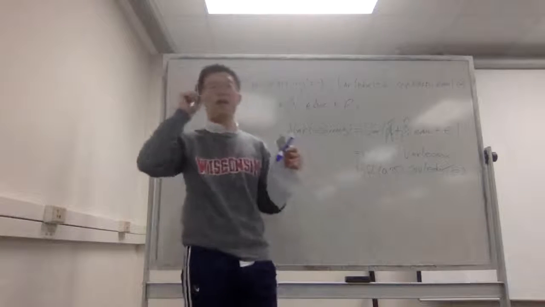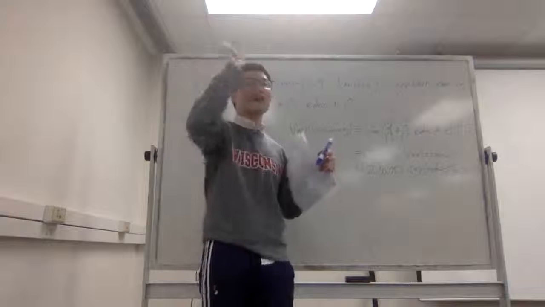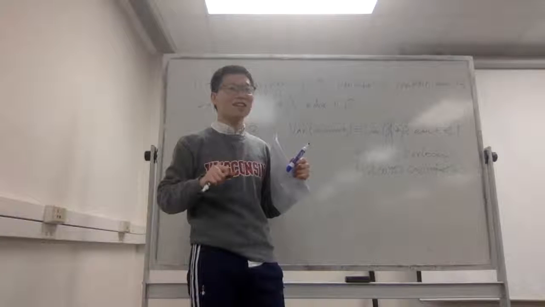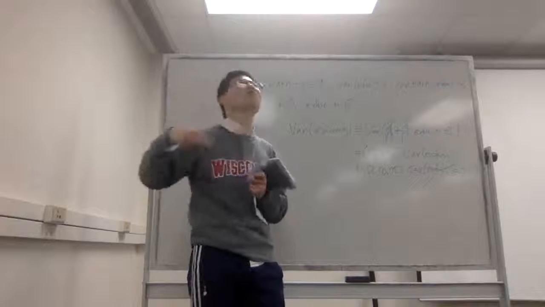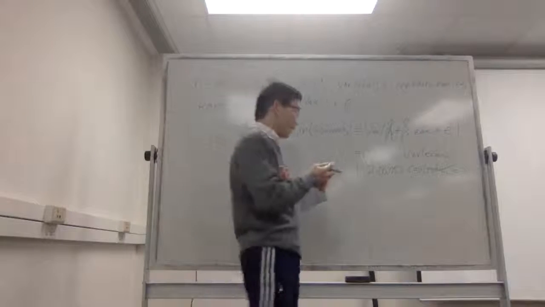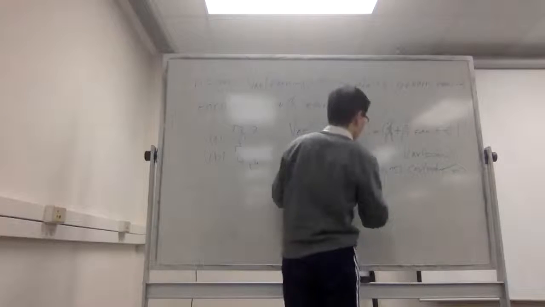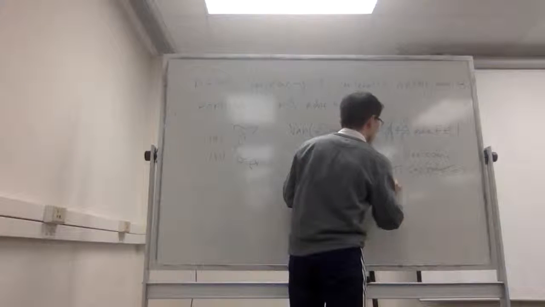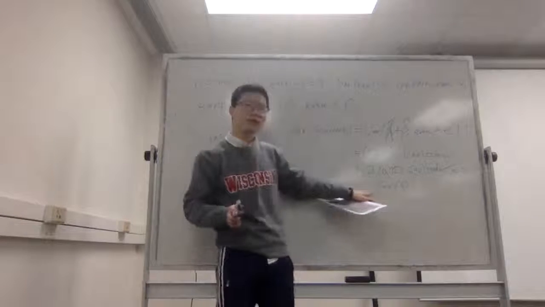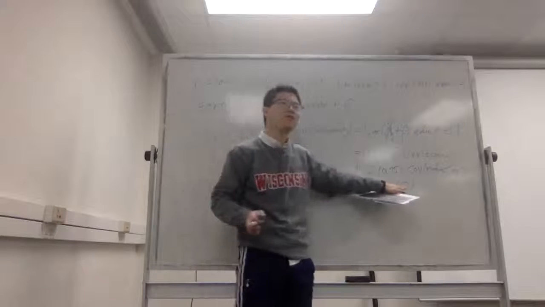X and residuals are assumed to be uncorrelated in linear regression, right? That's one of the assumptions for linear regression. And plus the variance of E, the unexplained part of the variance.